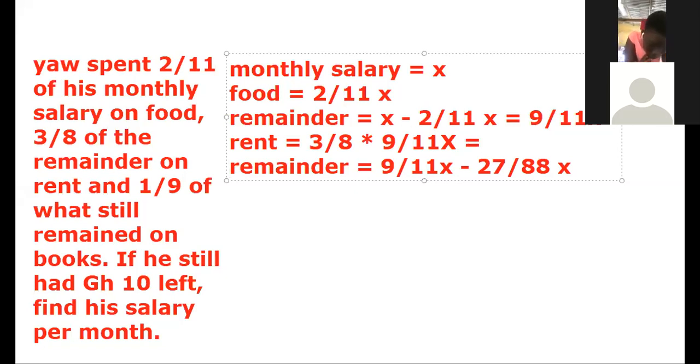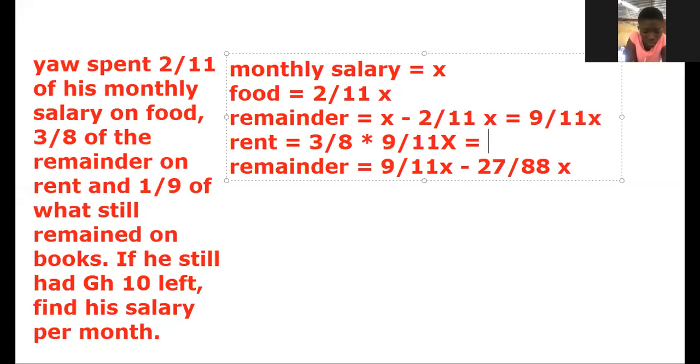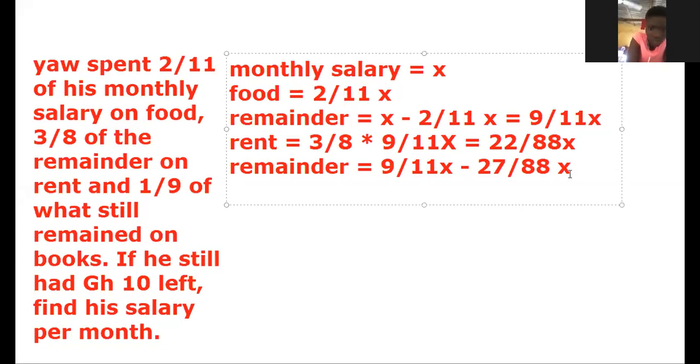So I forgot something here, which is 3 over 8 by 9 over 11x, and that will give us 27 over 88x. Therefore, the remainder will be equal to 9 over 11x minus 27 over 88x. So that's the remainder. So the one that he will spend on books will be equal to 1 over 9 of, what is 9 over 11?